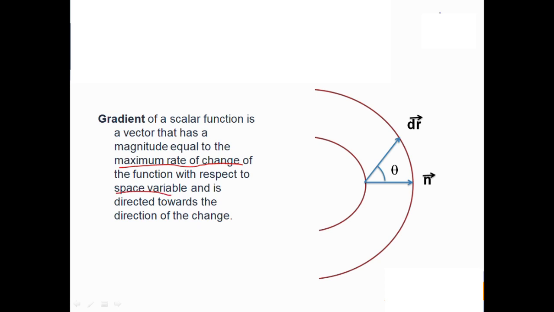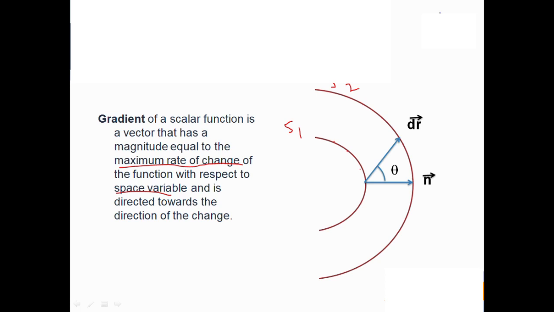Now, if you want to understand that, let's just assume that there are two level surfaces. One is S1, one is S2. Let's say the value of the function is the same along this complete surface, and this is surface S2, and the value here is the same along this surface.